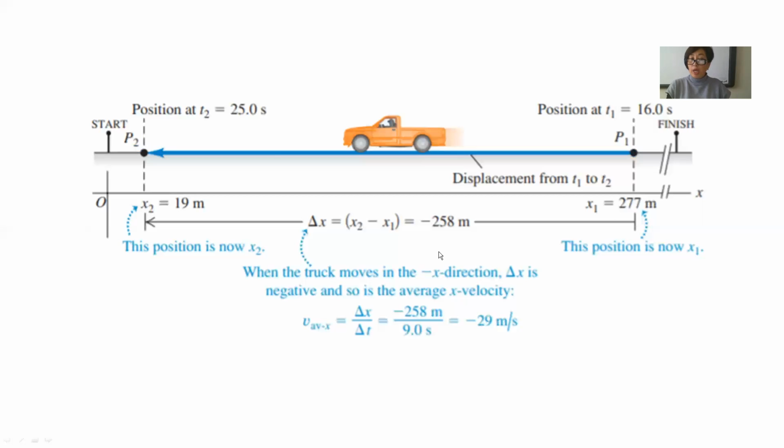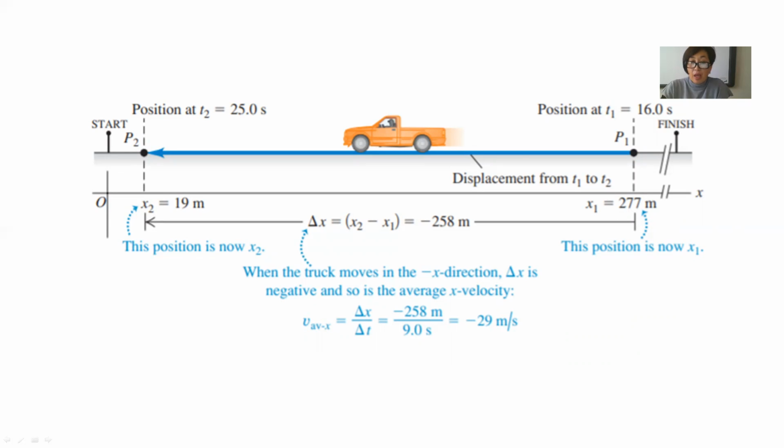And when we calculate the average velocity, the ratio of displacement divided by delta t, because delta x is negative, minus 258 meters divided by 9 seconds, the average velocity will be minus 28 meters per second.